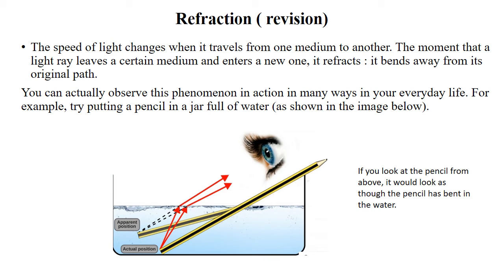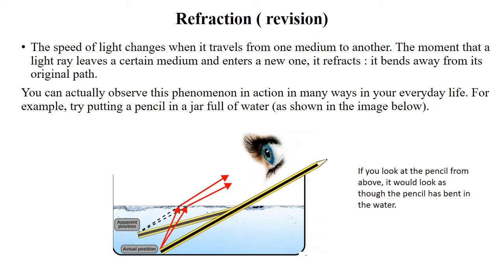During refraction, the speed of light changes when it travels from one medium to another. The moment that a light ray leaves a certain medium and enters a new one, it refracts, which means that it bends away from its original path, so there's a change in its direction.